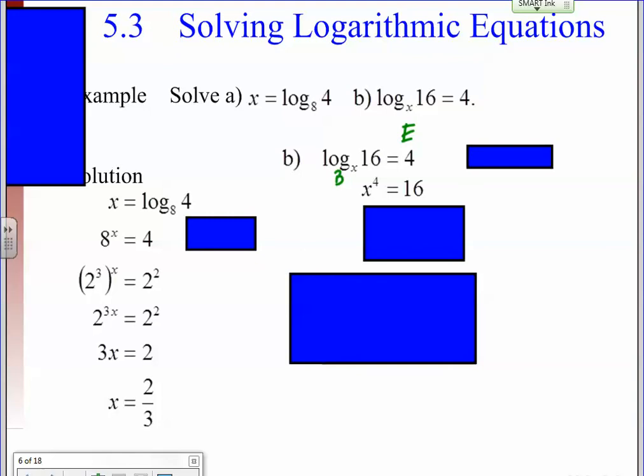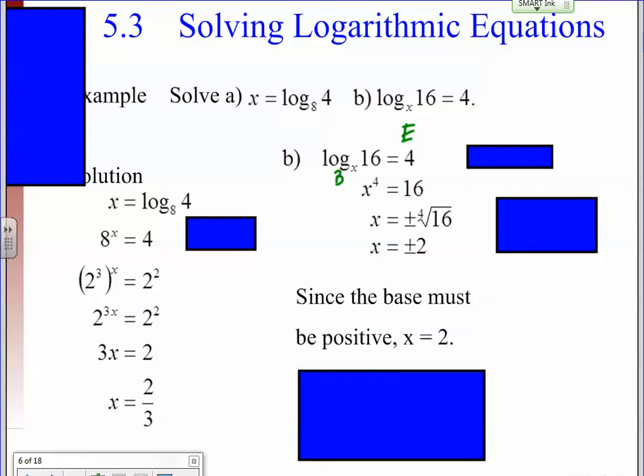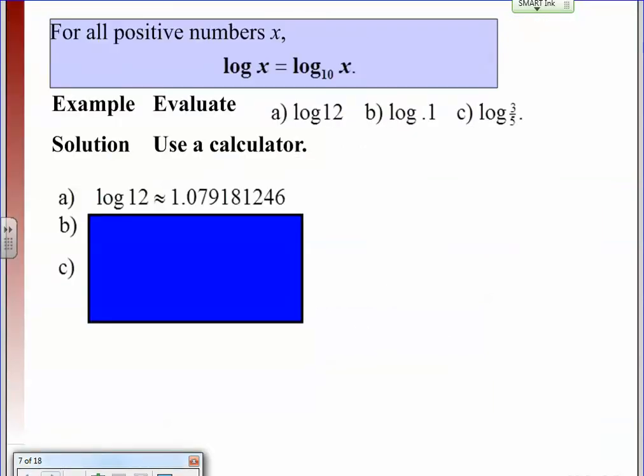Okay, so to solve this problem, we would take the 4th root of both sides, or maybe even realize that 2 to the 4th power equals 16. It's not too hard. Mathematically, taking the plus and minus of each side, you get plus or minus 2, but we're not interested in the negative value because the bases always have to be positive. The bases on all these logarithms are always a positive number, so the answer there is going to be 2.